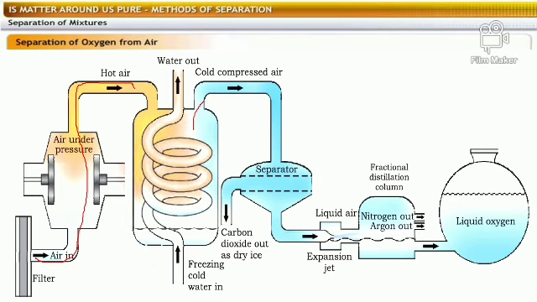So cold compressed air is allowed to pass a separator for the filtration, and is allowed to move through an expansion jet where the air is converted into liquid form. So here the fractionating column has started which has different temperatures. So nitrogen and argon will be allowed to separate here, and what is left? Only the oxygen will be left in the form of liquid.